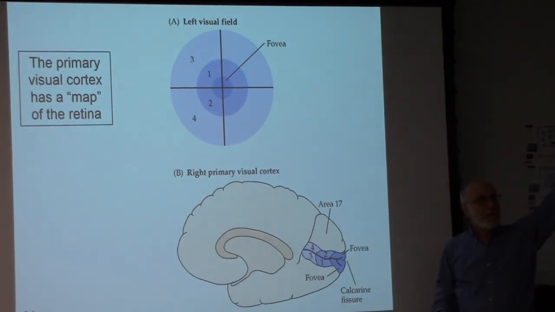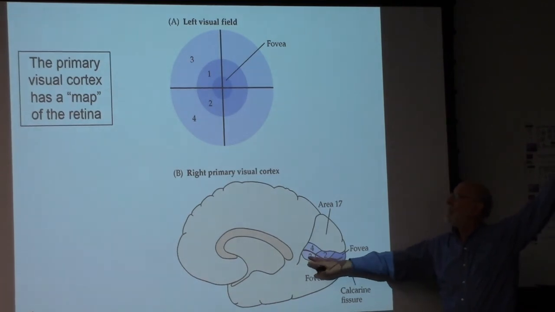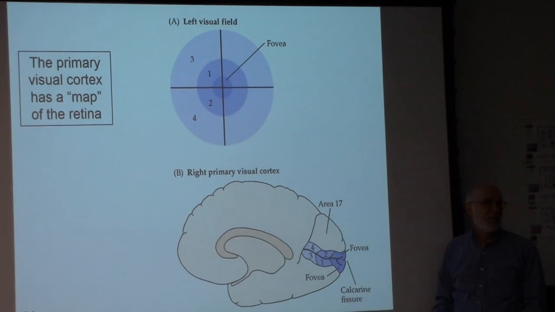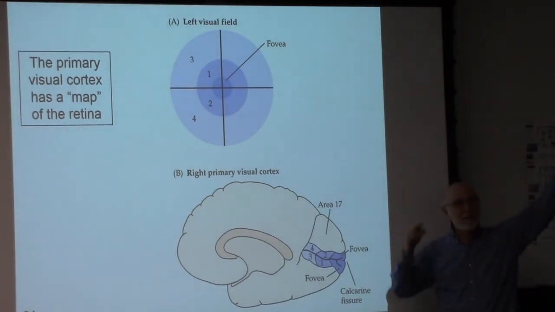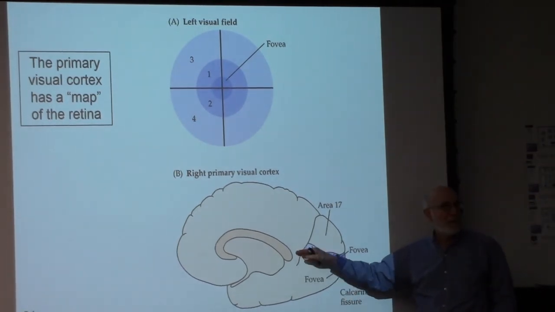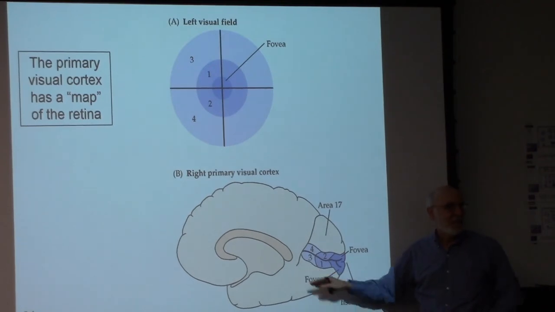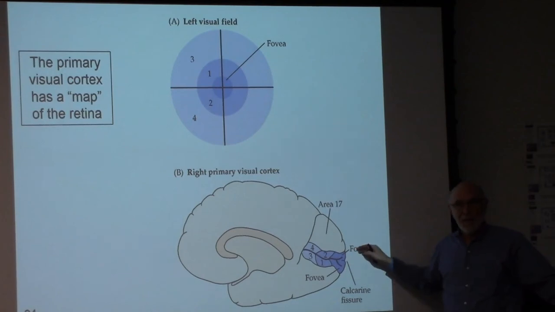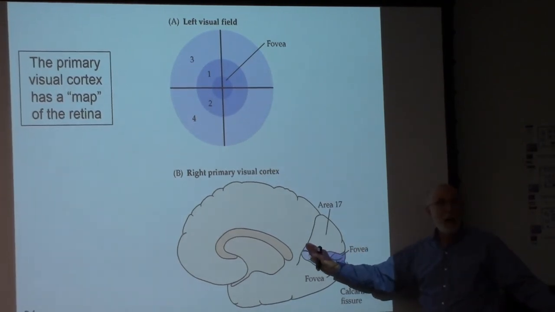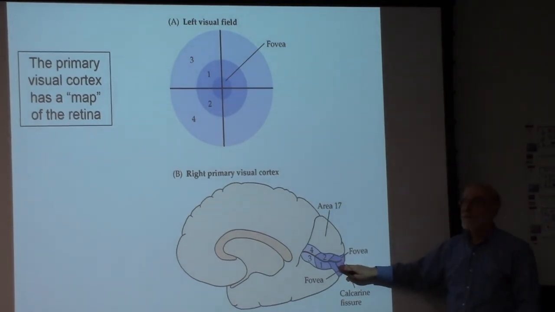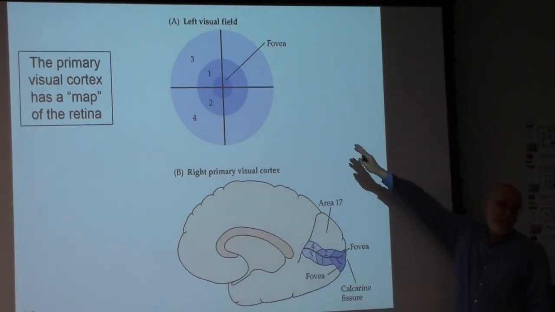The upper left is processed in the gyrus below the calcarine sulcus. Upper left, right hemisphere, anterior, below. Lower left, right hemisphere, above the calcarine sulcus. So here is the map of the primary visual cortex of that visual field.